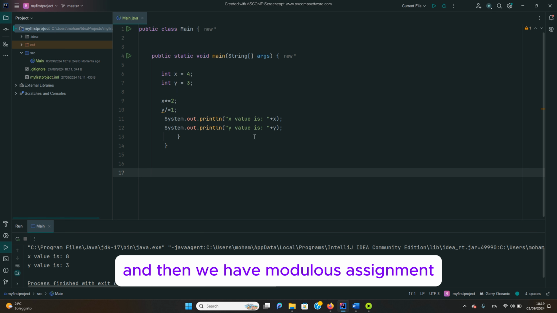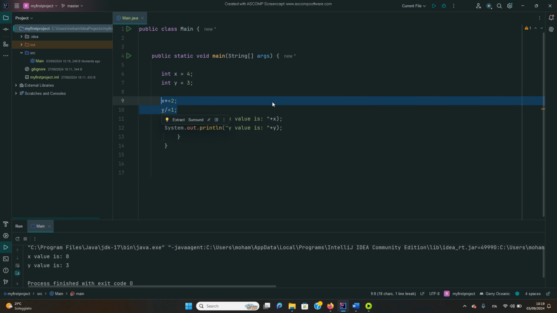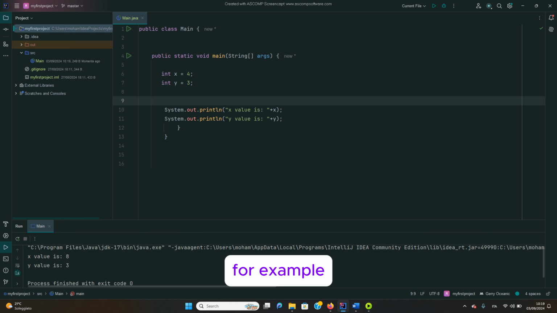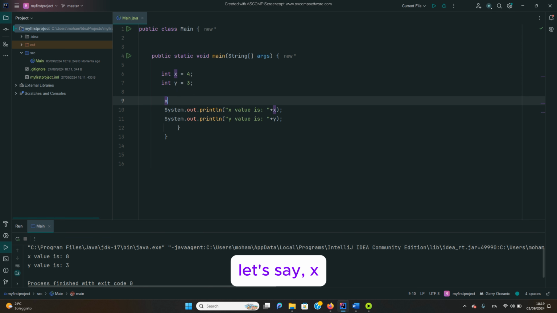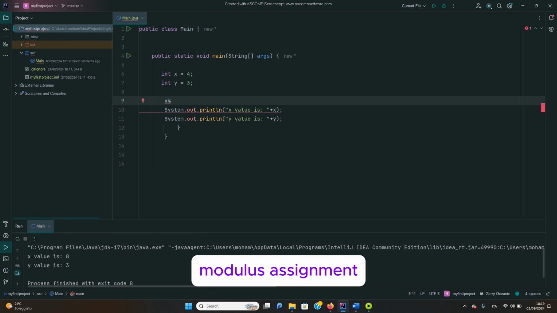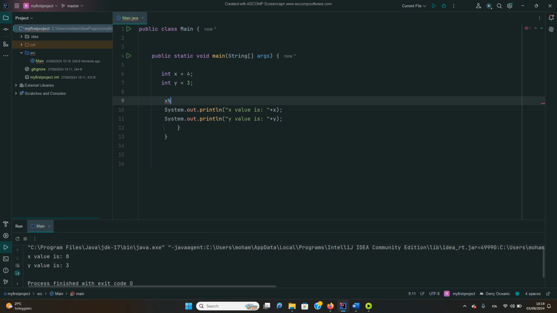And then we have modulus assignment. For example, let's say x modulus assignment 3.